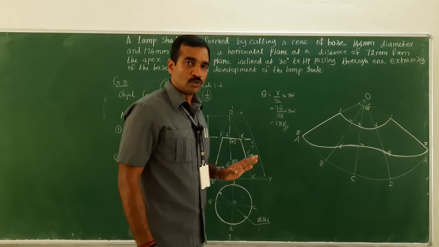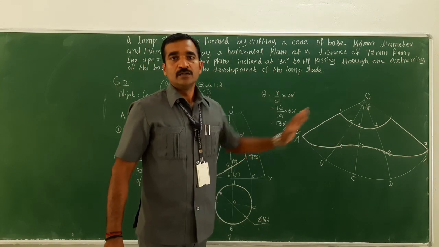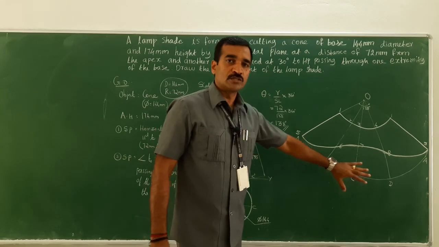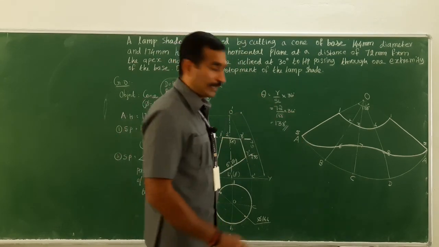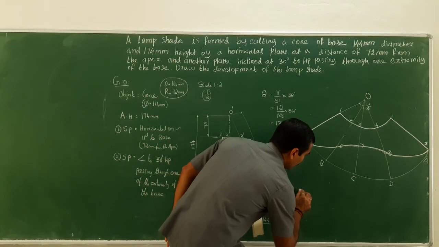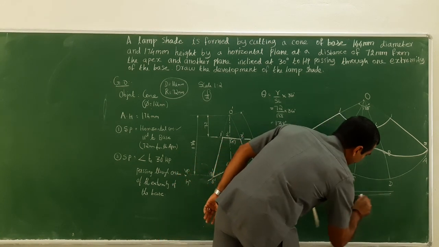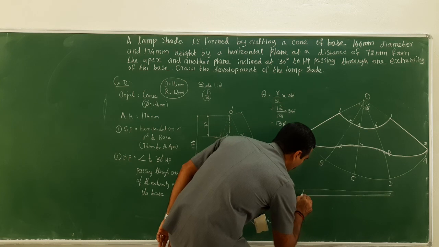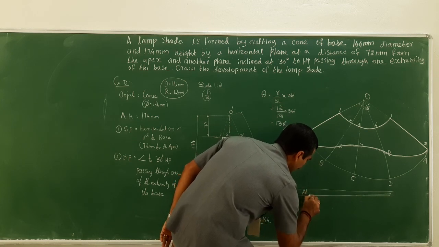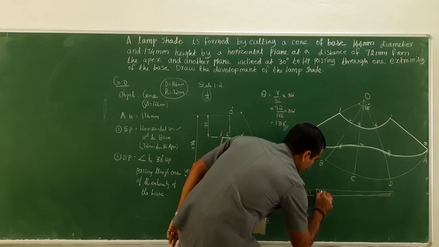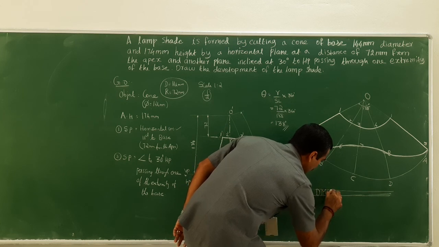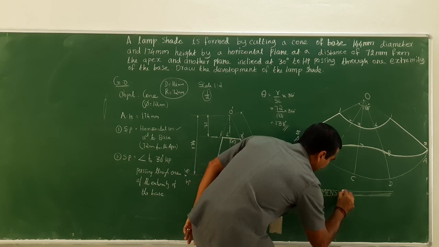So next, what I have to do is mention the notes. All dimensions are in mm, so with the guideline of 5 mm, you have to mention all dimensions are in mm.